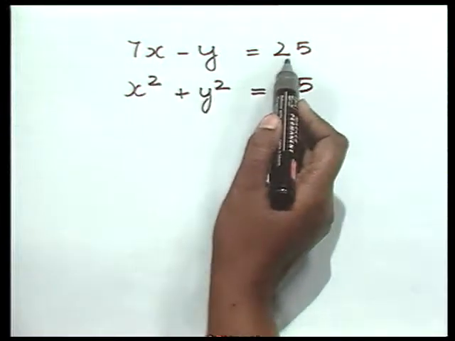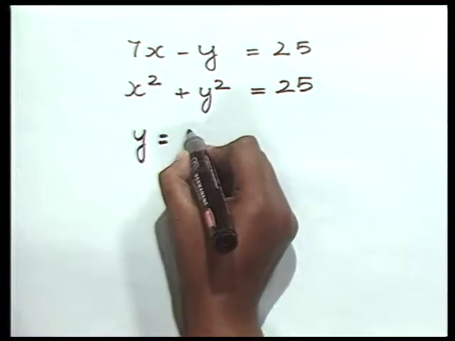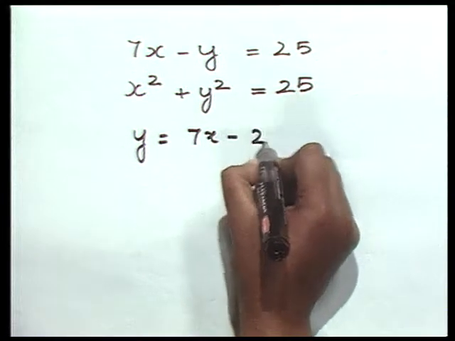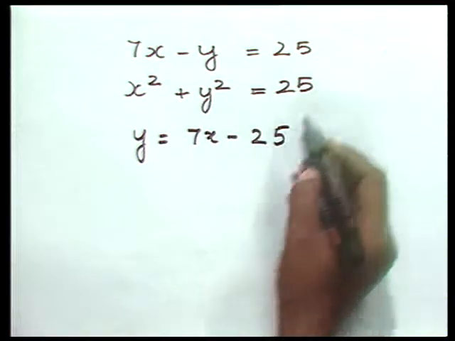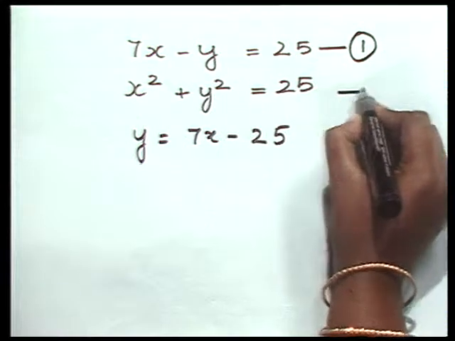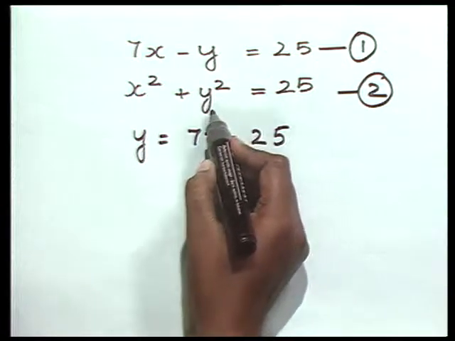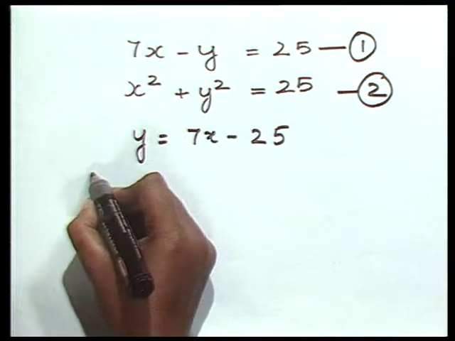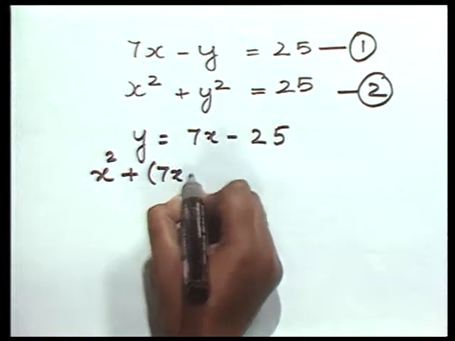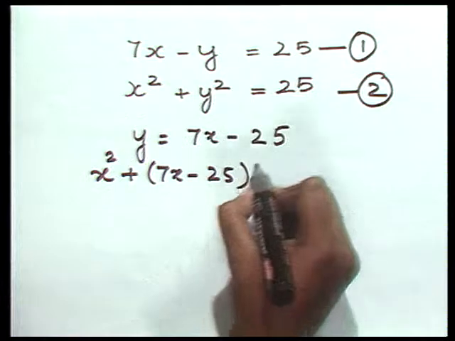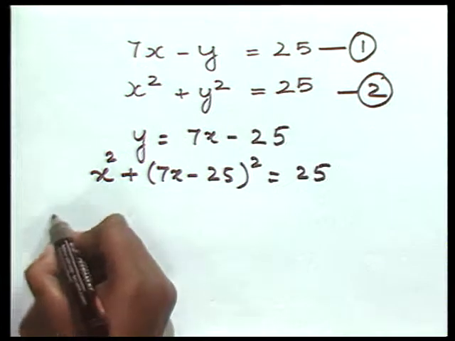From this first equation, that is the equation of the line, we get y is equal to 7x minus 25. Now suppose this is equation 1 and this is equation 2. Substituting this value of y in equation number 2, that is the equation of circle, we get x square plus (7x minus 25) whole square is equal to 25.